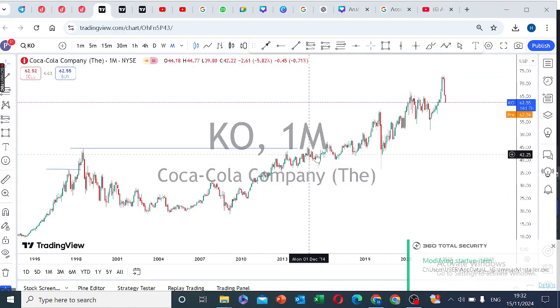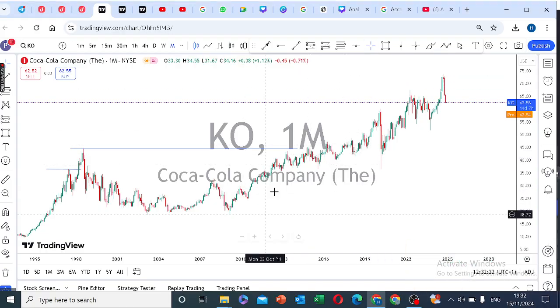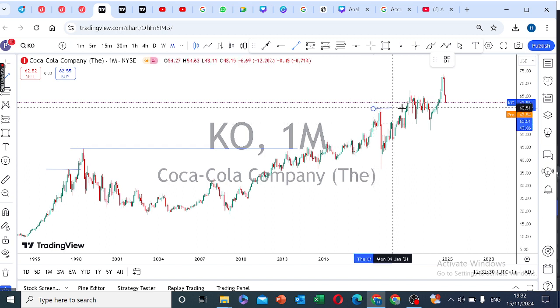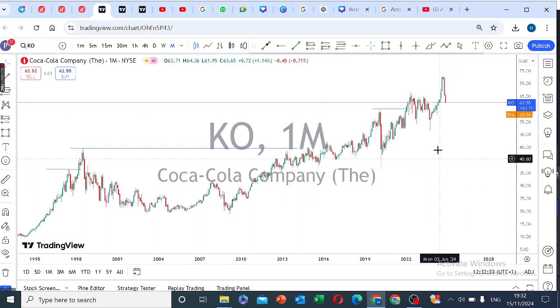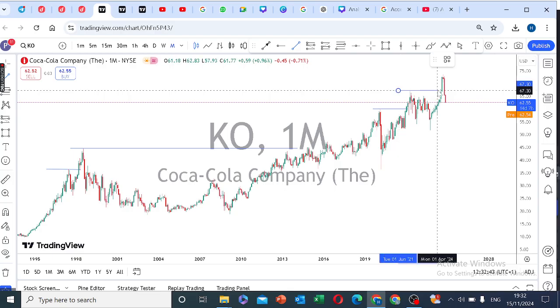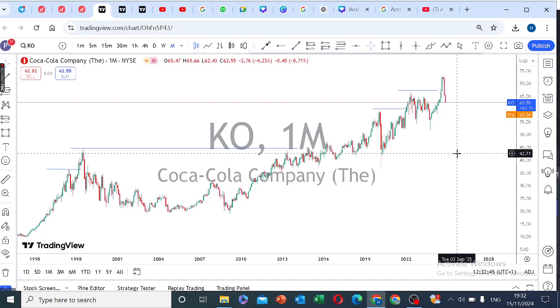And after it gave us this particular break of structure, price gave us something again around all of these areas. One of the major breaks of structure we got again is this one. And then we now have this break of structure. Yes, this one. Now, this brings us down to the current price of Coca-Cola basically.